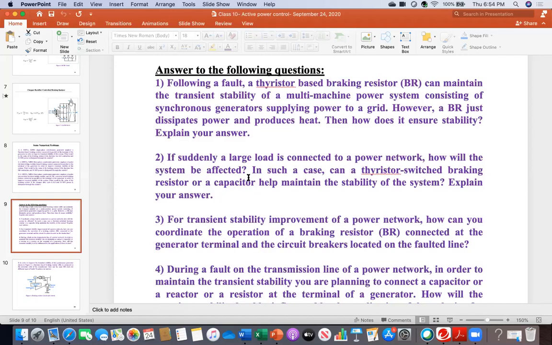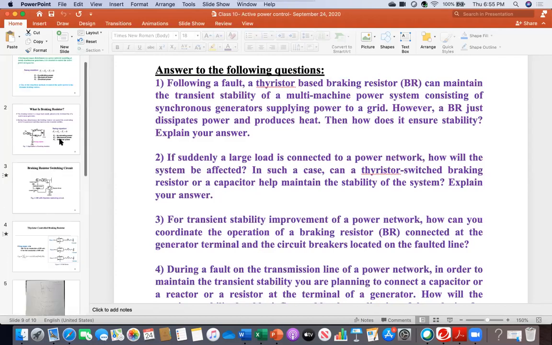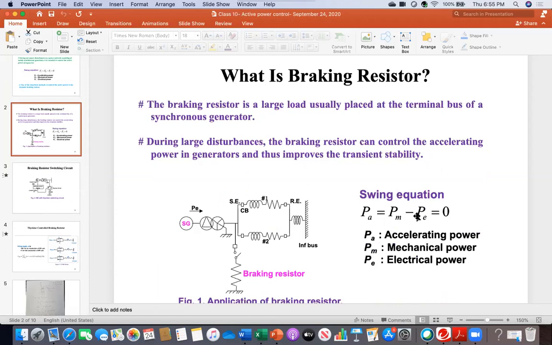I think if we connect the load, then the speed will be reduced, right? Yes, yes, yes. Everybody see the swing equation once again. You are increasing the load beyond what was available. For example, it was 100 megawatt that was available, and PM was 100, but then you suddenly increase the load by 10 megawatt, 20 megawatt.